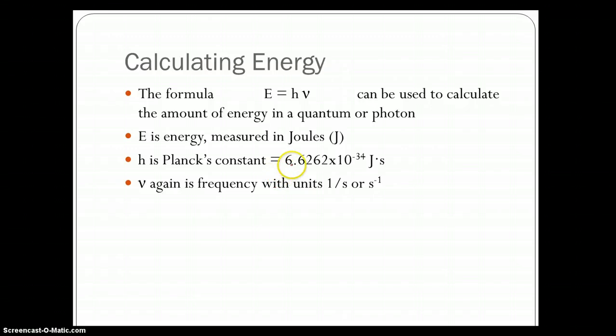Planck's constant is 6.6262 times 10 to the negative 34th joules times seconds, s for seconds. And then again, we use our frequency that has inverse seconds. So you can see when we multiply Planck's constant times frequency, the seconds will cancel, and we're left with joules.